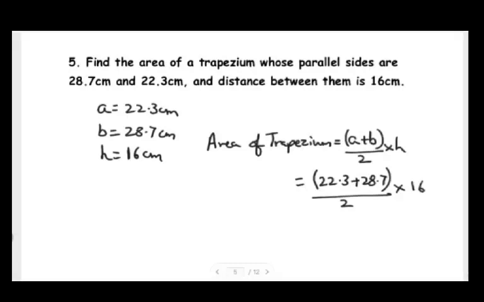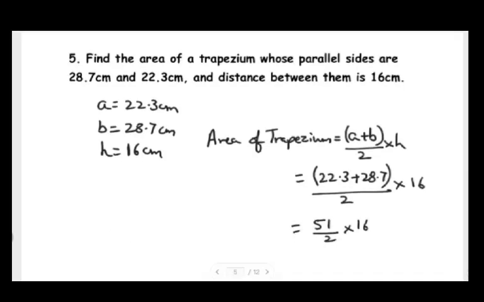So 22.3 plus 28.7: 7 plus 3, 10, 8, 9, 10, 11, 2 plus 2, 4 plus 1, 5, so it's 51. It's 51 upon 2 into 16.